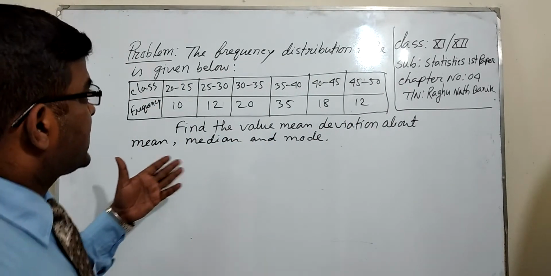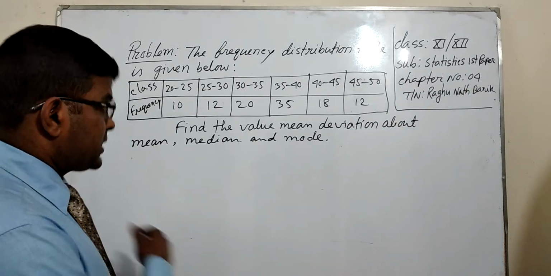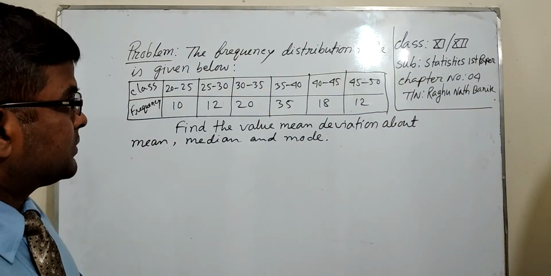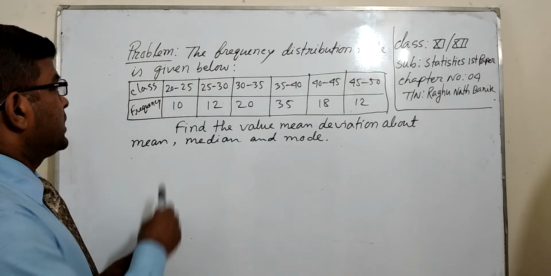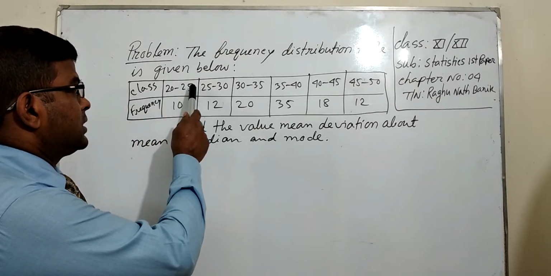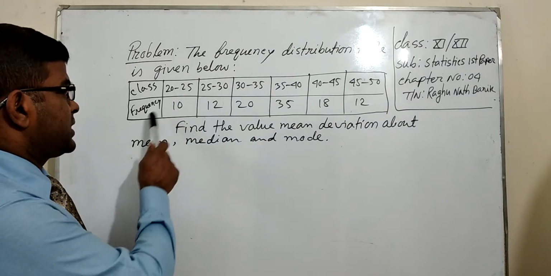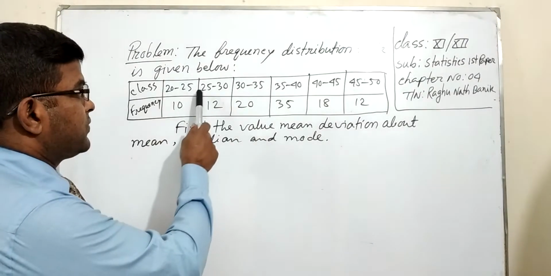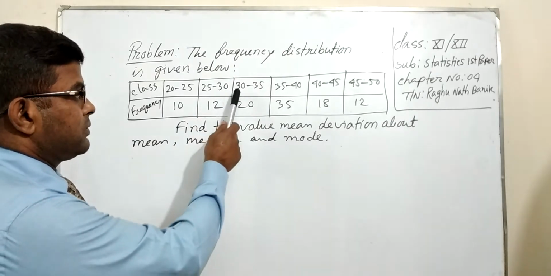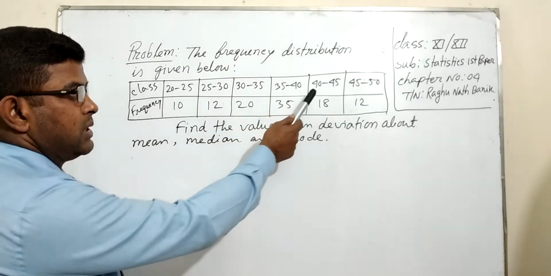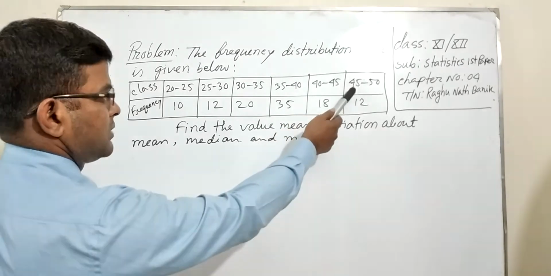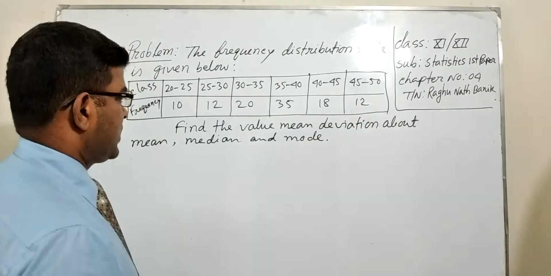Here we see that a frequency distribution table is given below. Class 20 to 25, frequency is 10; 25 to 30, 12; 30 to 35, 20; 35 to 40, 35; 40 to 45, 18; and 45 to 50, 12.